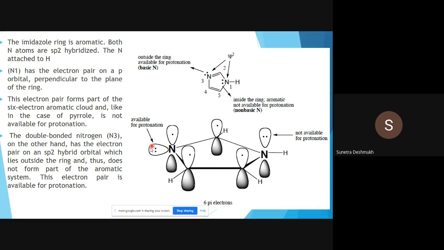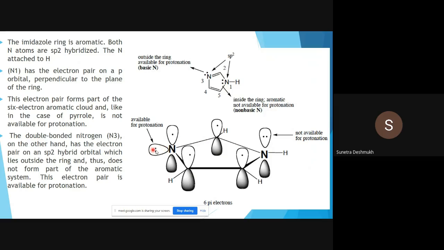Because this hybridized orbital is not taking part, or is perpendicular to the remaining p orbitals. Okay, so you can see all the p orbitals are parallel to each other. Okay, that's why it's easy to attain the aromatic sextet. And only this pyridine like nitrogen has its orbital perpendicular to the plane of all these p orbitals.